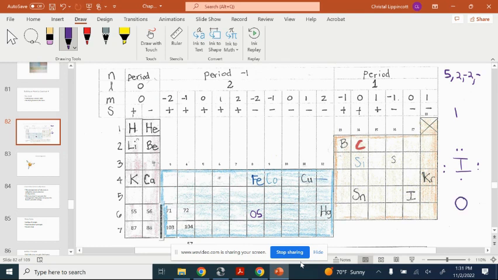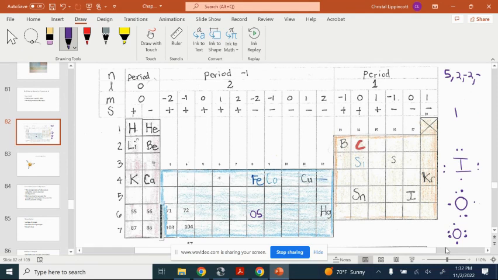So if I had oxygen, for example, oxygen has 6 valence electrons. So I always go 1, 2, 3, 4. So always spread them out and then double up. 5, and then you want to have this one over here that's 6. Or you could draw it like this. But you want at some point to double up opposite.